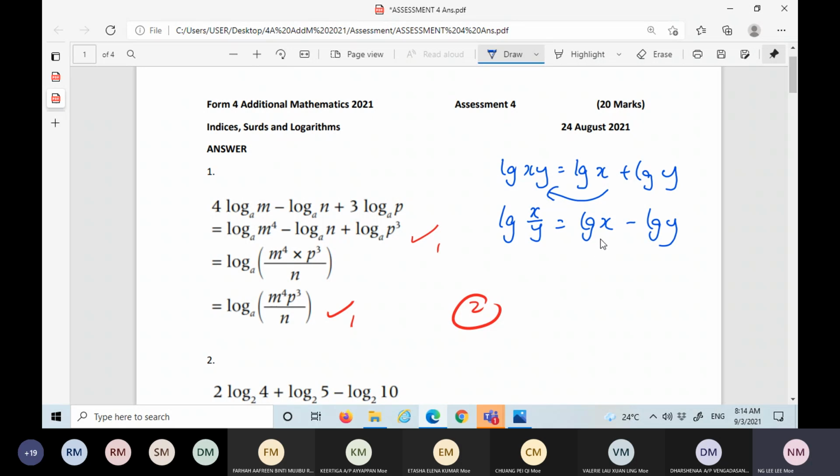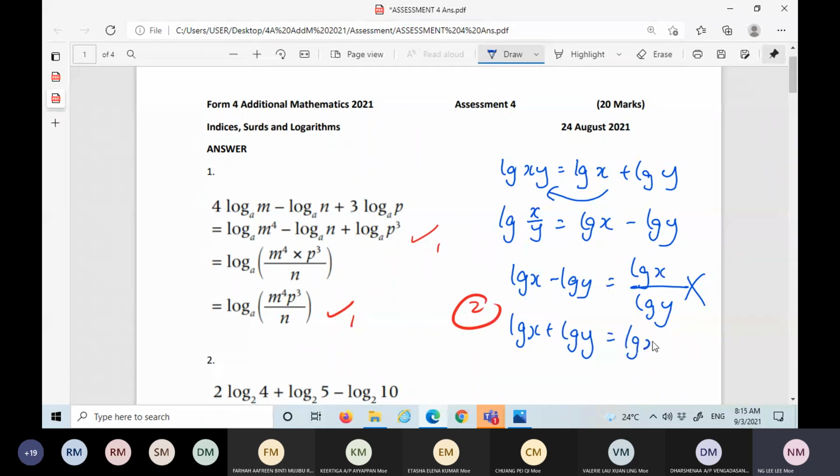But some of you make mistakes. You do it in what way? Let me give an example. You do it this way. When you want to combine these two into a single log, remember we say combine into a single log, but you write this way. Everything wrong already. Same as this one. You see, plus how can become times?